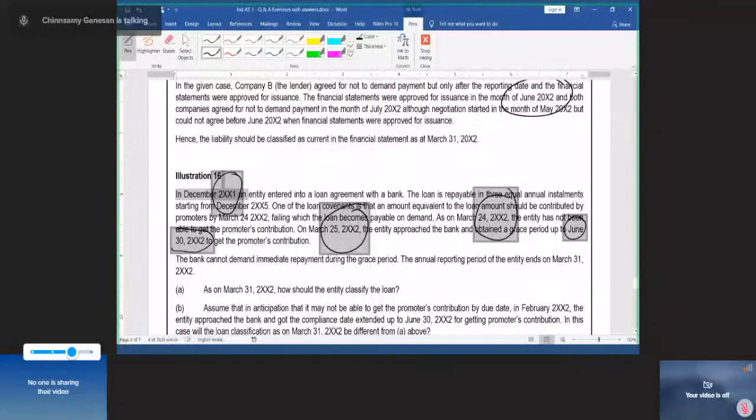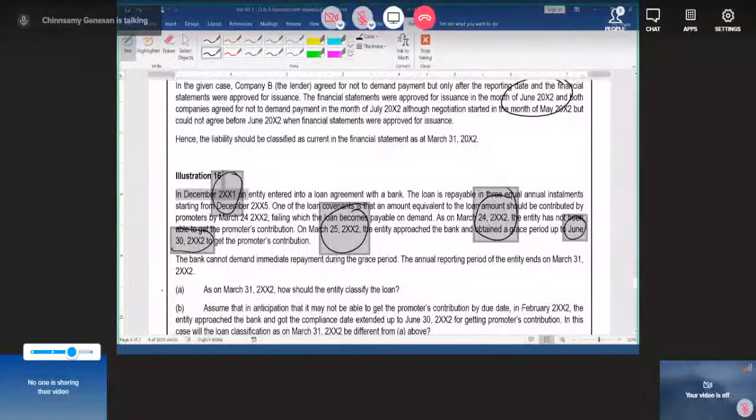I'm not able to meet the conditions. I should have considered that on 24th of March itself I had to fulfill the condition. I went and got the grace period up to June 30, 2012, and accordingly, whether the non-current liability which I have got should be classified as current liability or not. That's the only question they are talking about.